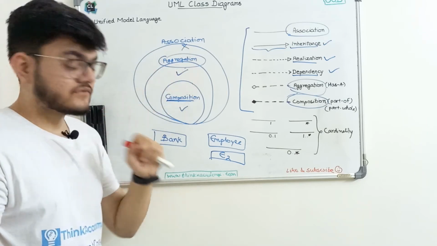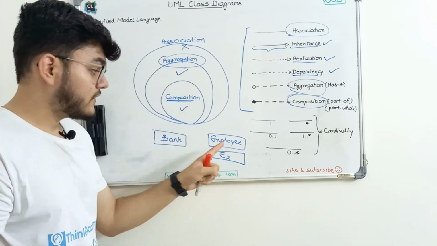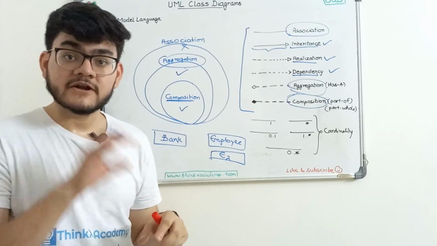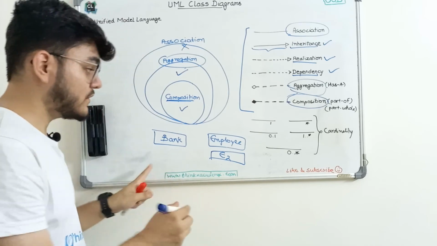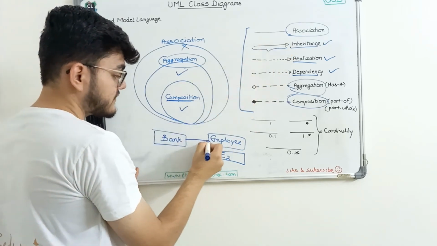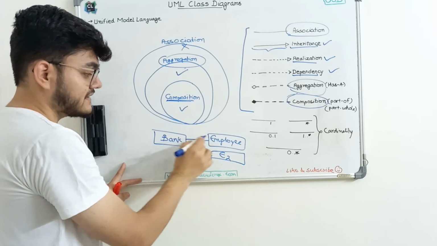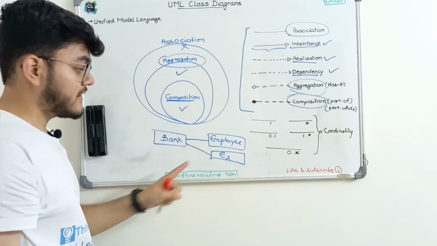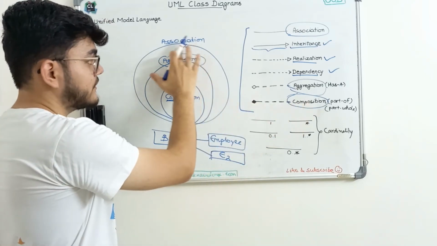Now let's move on to association. Do you see any relationship between these two objects? Yes, the answer is yes, because employee is associated with a particular bank. If an employee is working with a bank, he is associated with that bank. So we are going to say a strong association is there, right? In strong association, we have a simple solid line, and we say that bank and employee are associated because they have a direct relationship, and aggregation and composition are also holding true here.